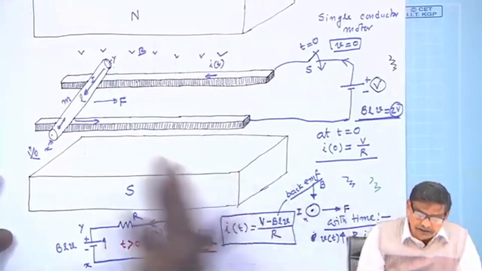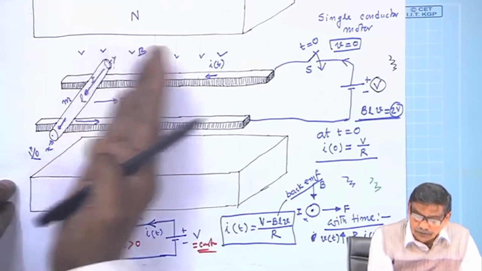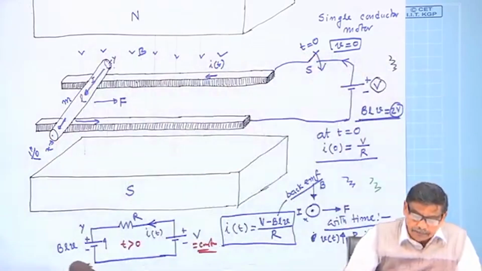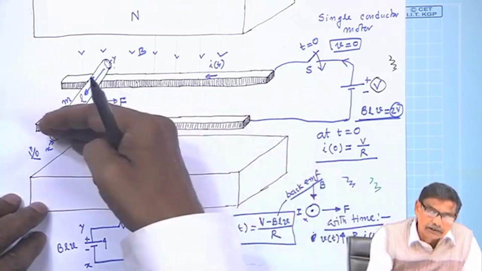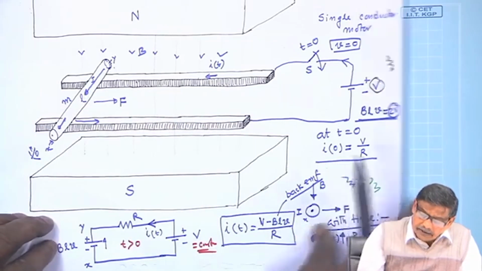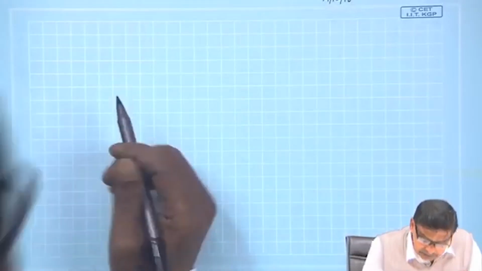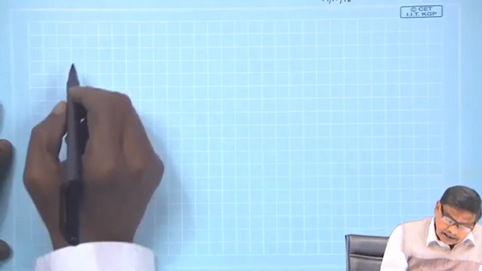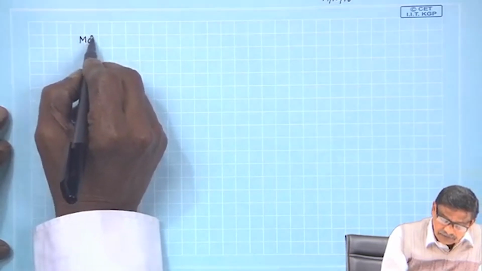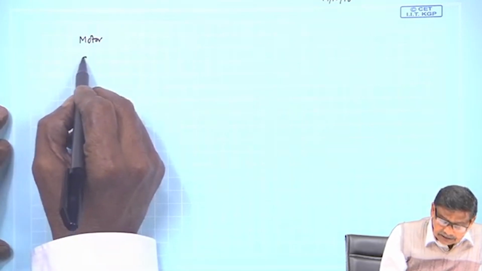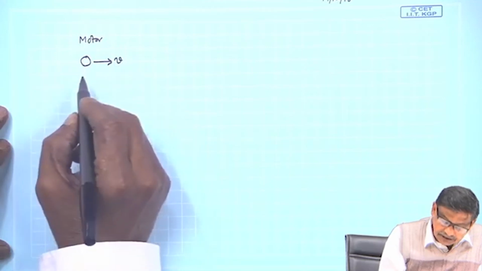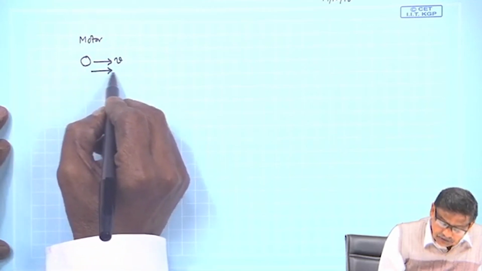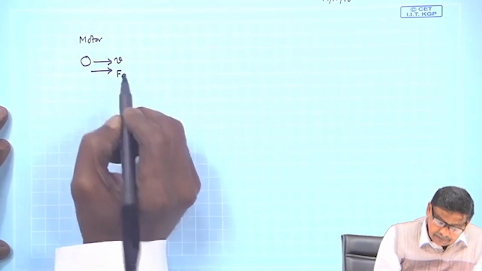Of course, just for fun one is not supposed to produce a motor which will be doing no mechanical work. Mechanical work means there will be some opposing force, and I concluded last time, this is the thing you should remember: if it is motor operation, and the conductor moves in this direction with a velocity v, then the electromagnetic force will also be acting in this direction.